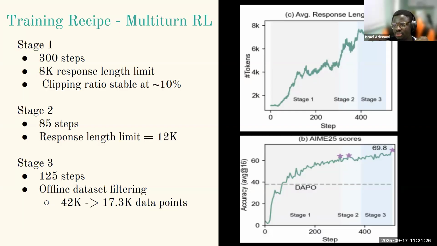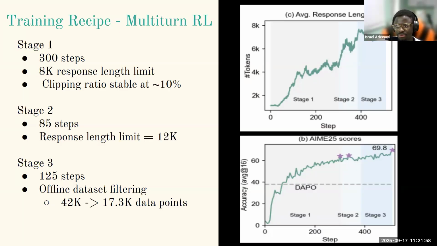If the model got the question right in all its trajectories, you filter out the problem. So the new data set was problems where the model could solve between 0 and 7 out of 8 times. This left them with a data set of about 17,000 data points, and this was what they used specifically for stage 3. So stage 3 was meant to be like difficulty mode, let's say.